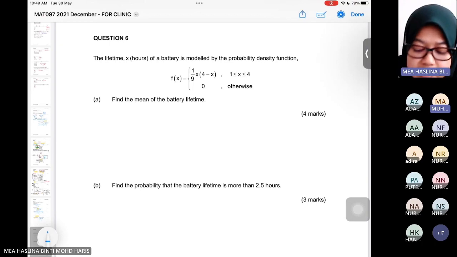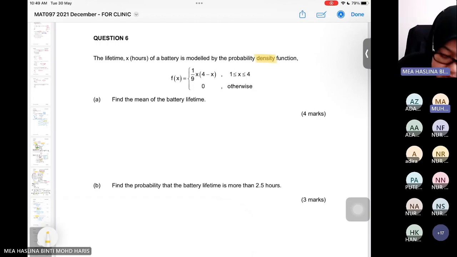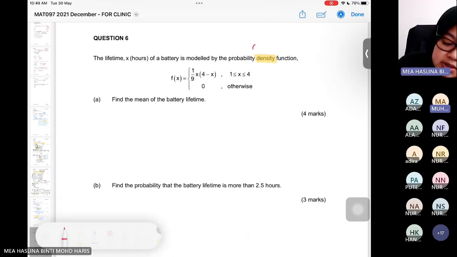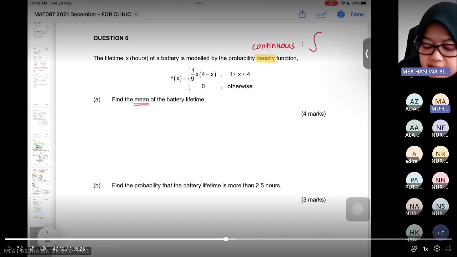The lifetimes X hours of a battery is modeled by the probability density function. When you see the word density and you see time, obviously this will be continuous. When continuous, you will be working with integration. The question is asking us for the mean of the battery lifetime.